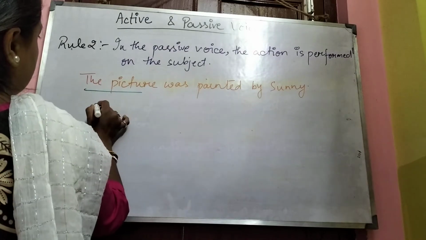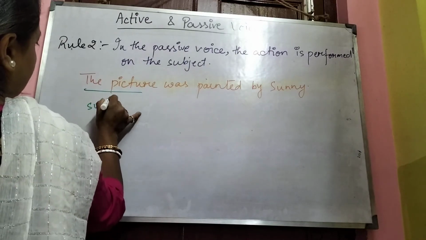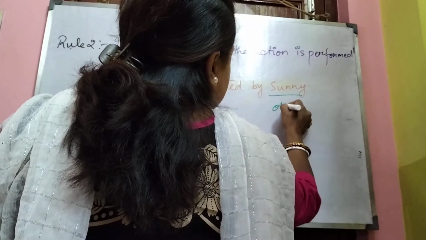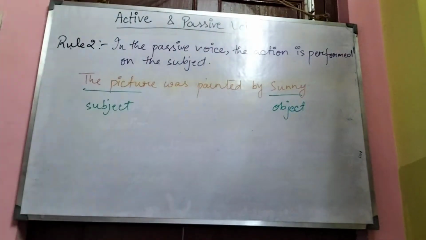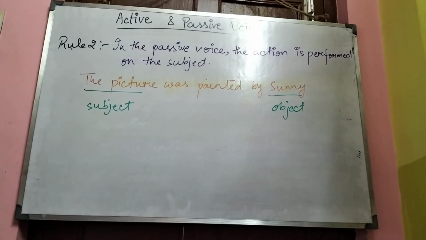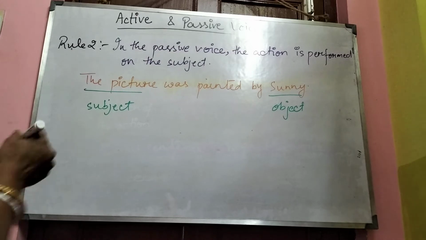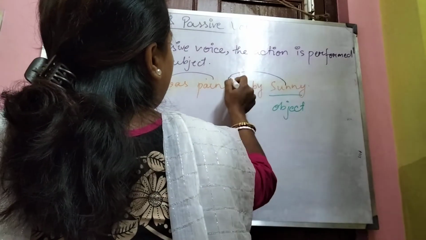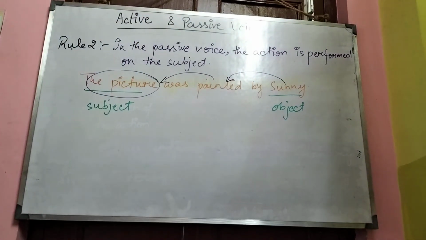Here the picture is the subject, and who is the object? Here Sunny is the object. So the subject, the picture, is receiving the action, was painted, and the object Sunny is performing this action.